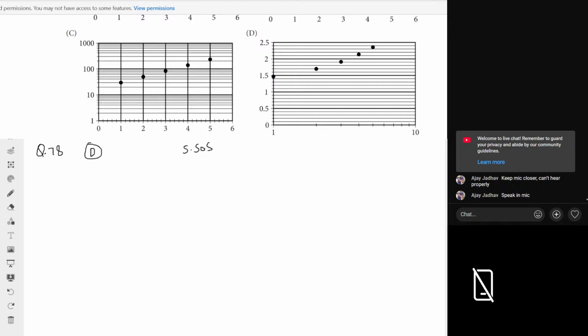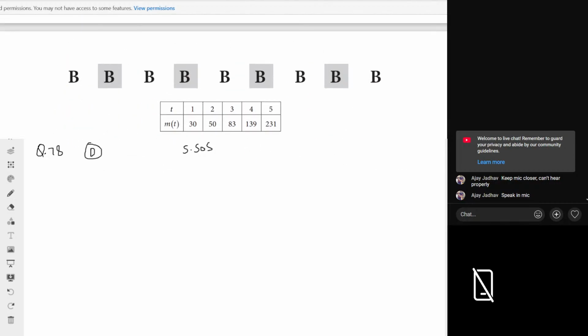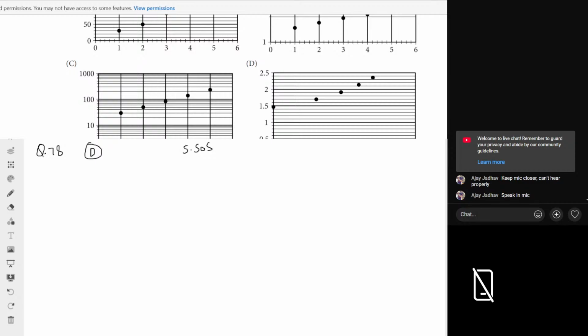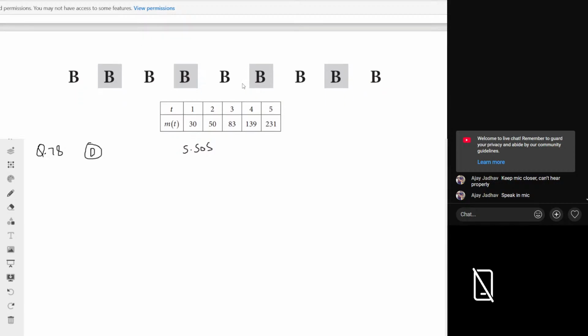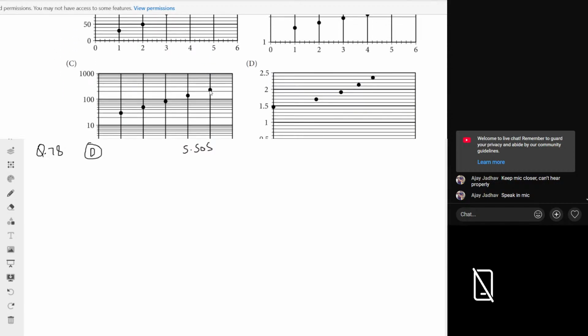Yeah, it's approximately 83. And now at 4 it should be 139. So this is 100. This is 200. So it should be between 100 and 200. So 139 here is correct. And 5 is above 200 and it is 231. So it is between 200 and 300. So that is also correct. So option C is the correct answer.